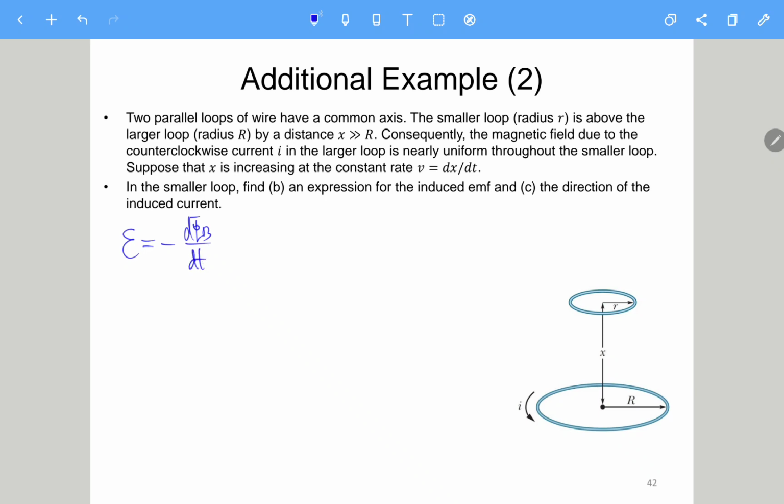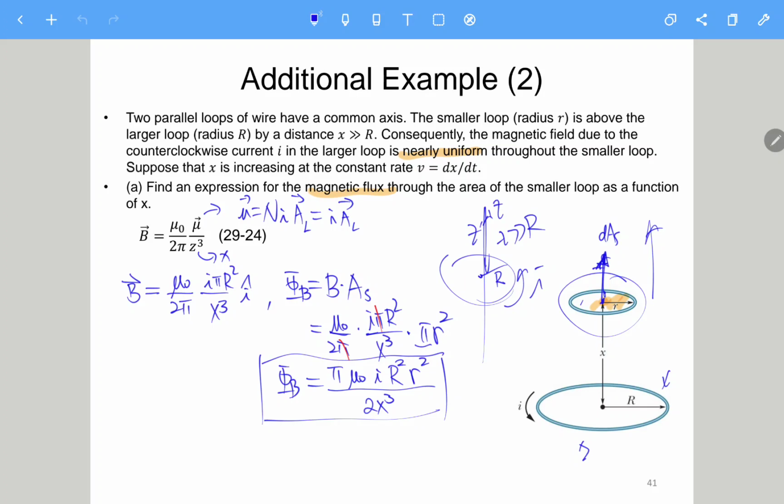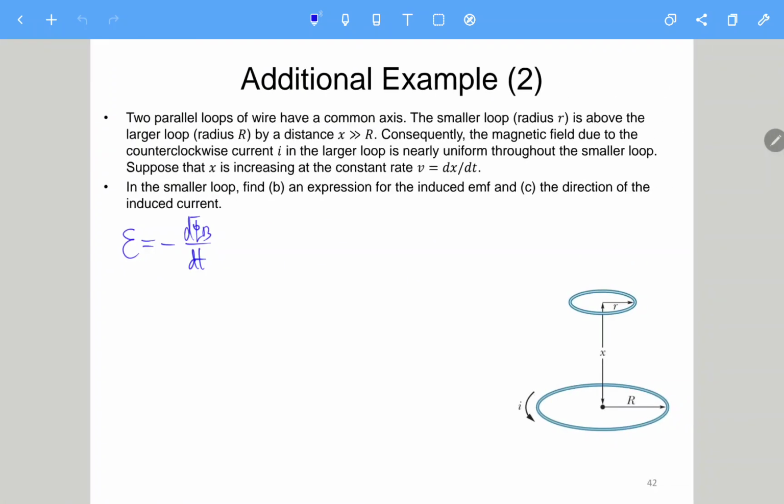So we can just plug in the expression here: pi mu naught I r squared over 2x cubed. Most of the terms are constant, so we can put them outside: pi mu naught I small r squared capital R squared over 2, and then the remaining one is d/dt of 1 over x cubed.